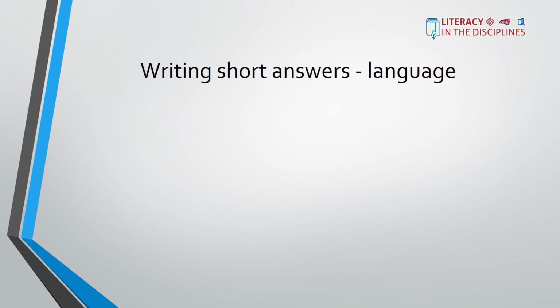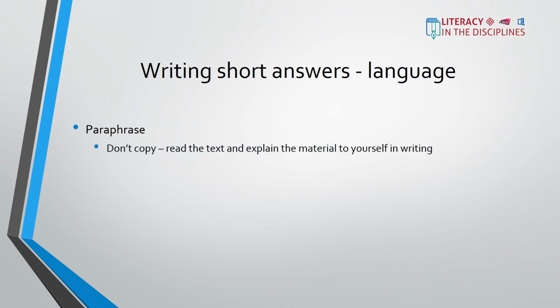There are several points about the language to use in short answers. The first one is about paraphrasing. Paraphrasing is particularly important in short answers as you will be referring to concepts and information from your textbooks and notes. Do not copy from your textbook or other sources. Instead, read the text and make sure you understand it.